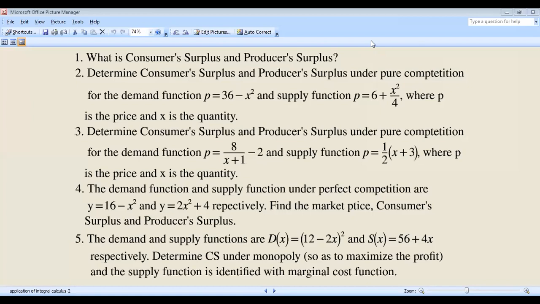If the demand function and supply function meet at a point, it is called the equilibrium point or break-even point. So first of all, we have to know what a definite integral is.